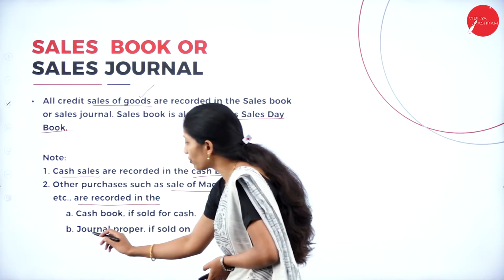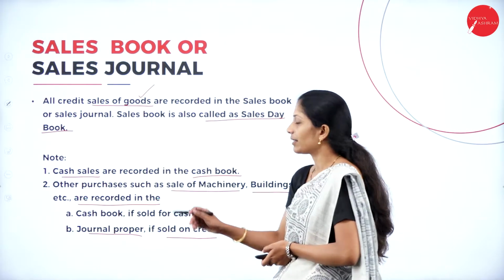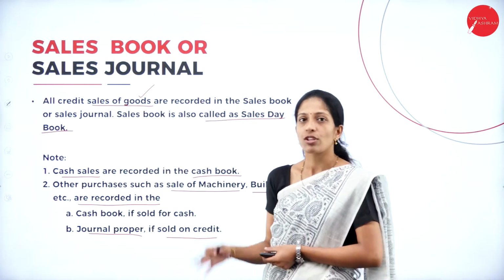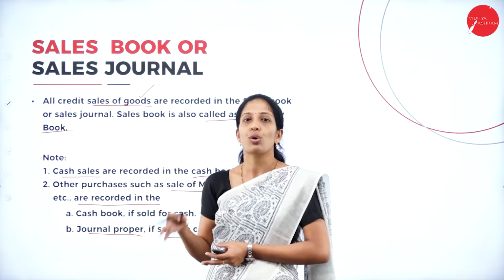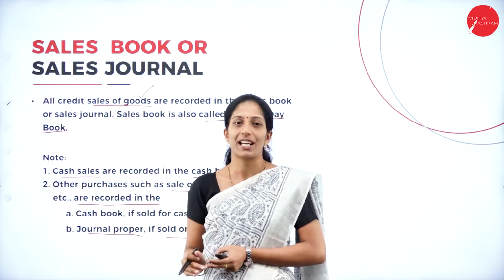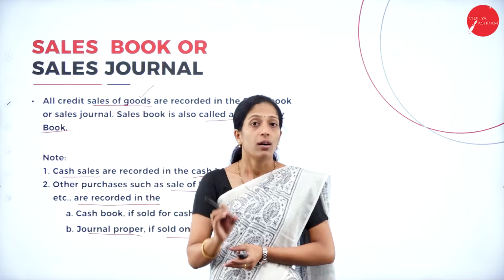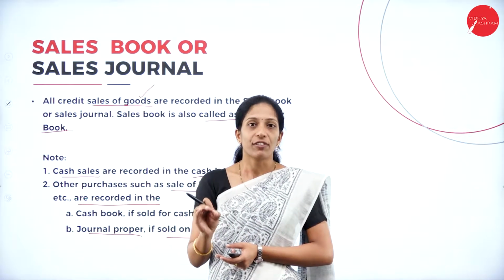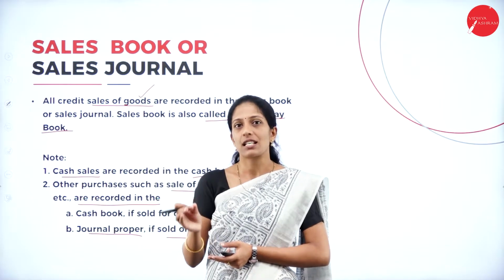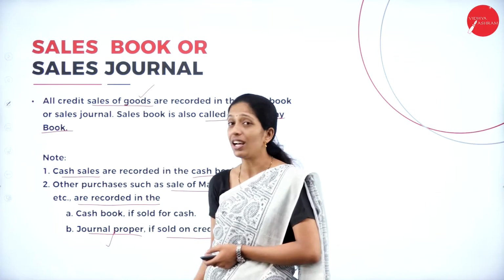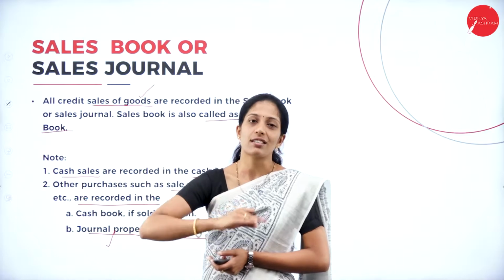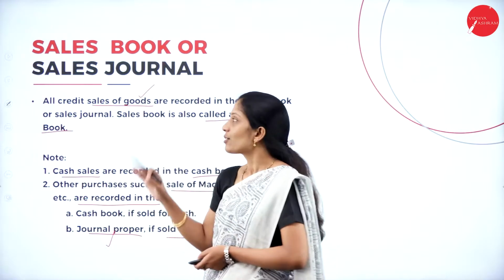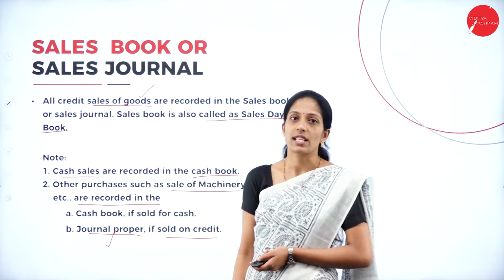If it is sold on credit, then it will be recorded in the journal proper. Same as the purchase book, here also only credit sales of goods will be recorded, not any other assets. If any asset is sold on credit basis, it will be recorded in the journal proper. If it is sold on cash basis, then we record it in the cash book. So this is about the sales book or sales journal.